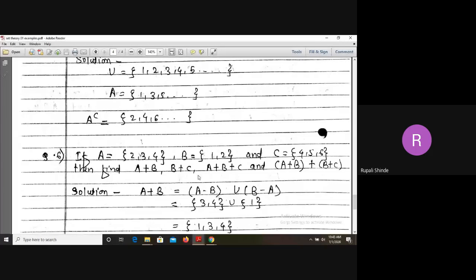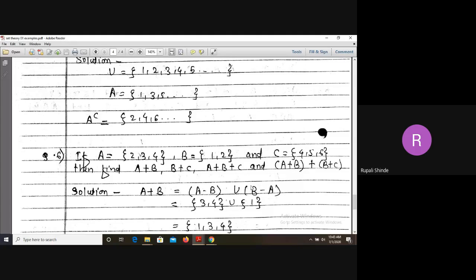The elements that are present in set A but not in B. So we have to find the common elements and remove those from set A. If you observe here, 2 is common between A and B, so we remove element 2 from set A. Now A minus B gives the answer 3, 4. Only 2 elements are there.